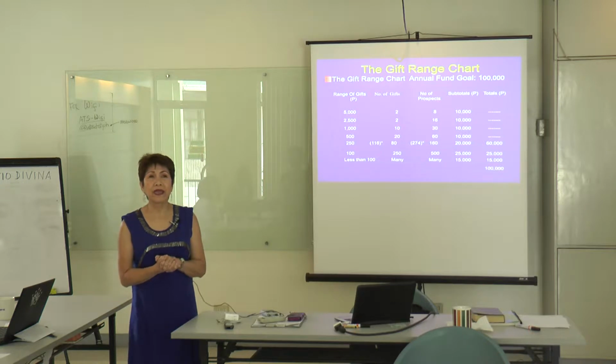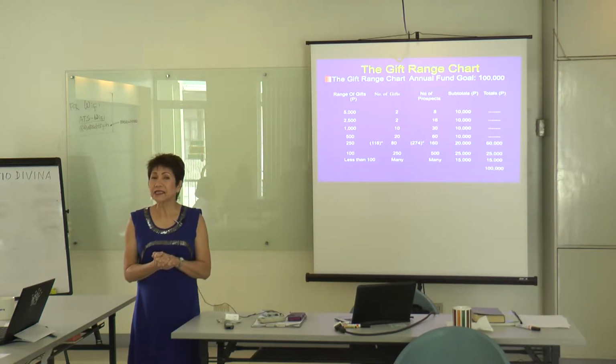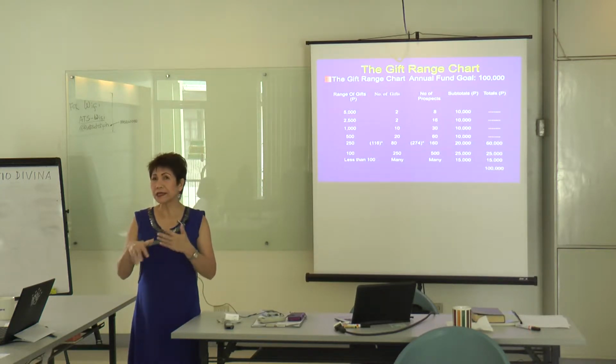Now, it may vary, you can actually change some of those numbers depending on your donor database. Let's say you don't have one person who can afford to give 35,000. Then you can adjust it to include several people who are capable of giving, let's say, 20,000.